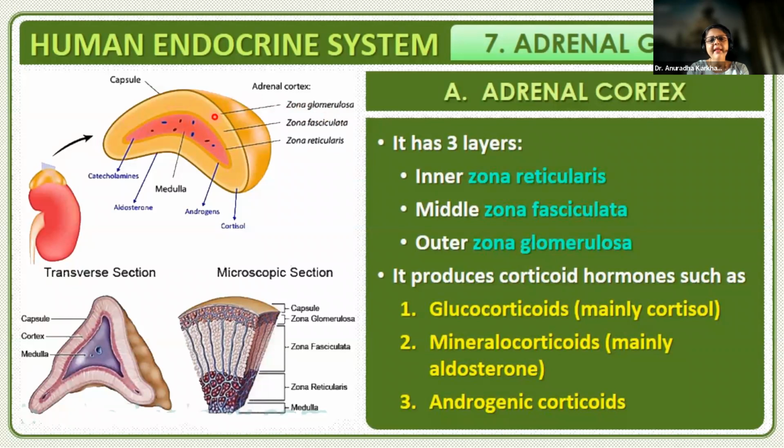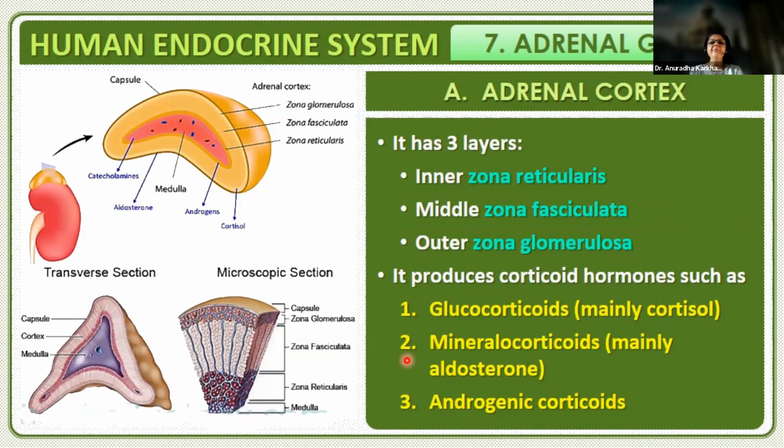So these are the three layers of the adrenal cortex. Okay. Very good, Aditi. Yes, beta, you're right. Perfect. Look at this cross section. This is the capsule, the renal capsule. This is going to be the zona glomerulosa, zona fasciculata, zona reticularis, and then lies the medulla. This is the cross section of our adrenal gland.